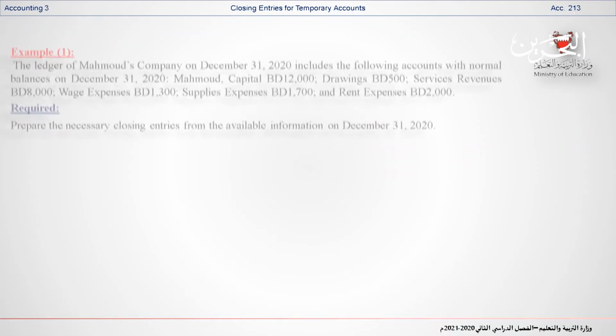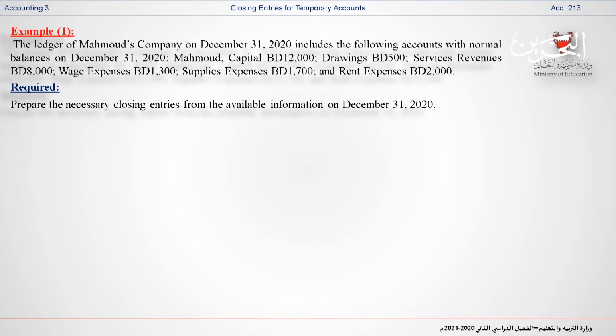Dear student, in this example, we will apply what we learned about preparing the necessary closing entries from the available information.